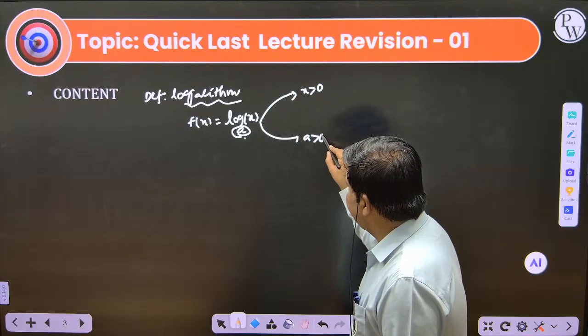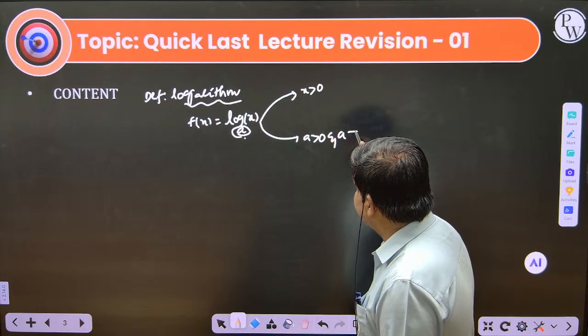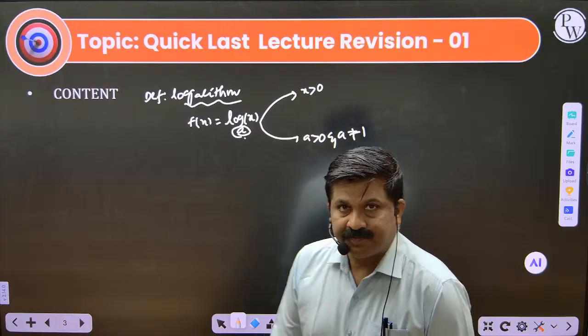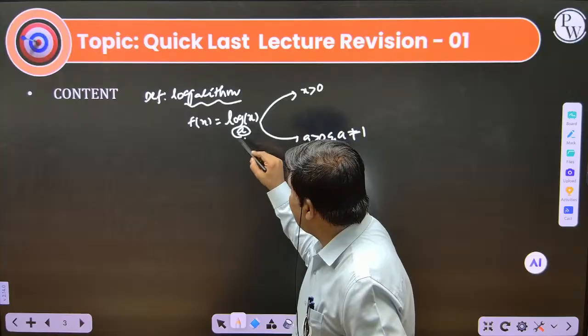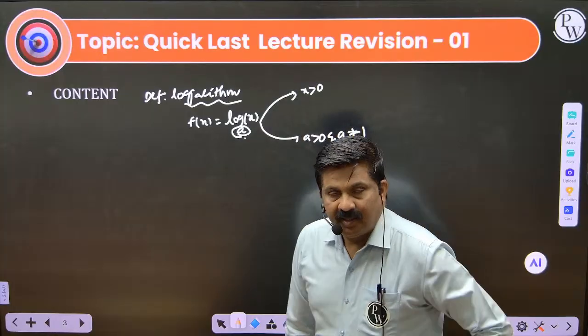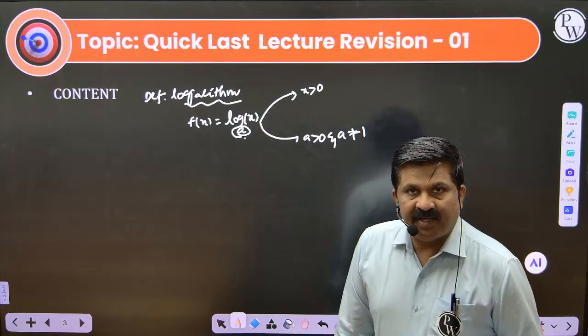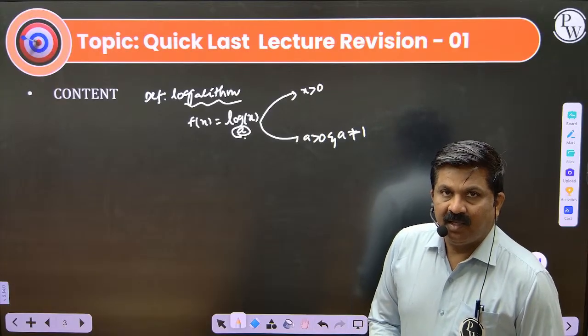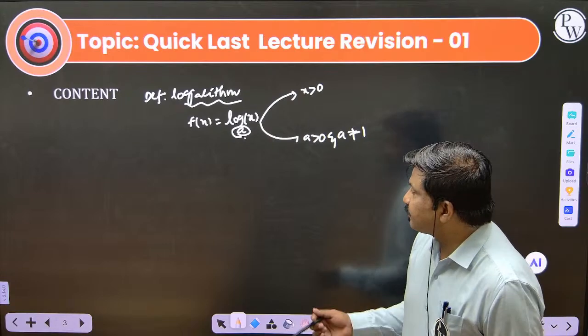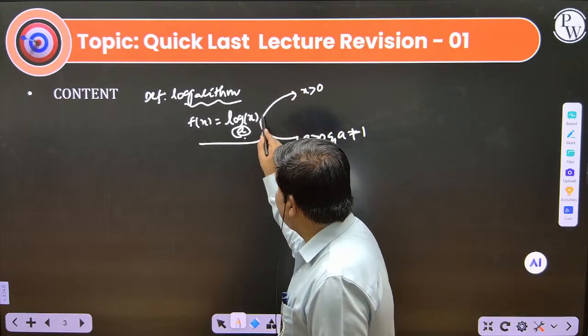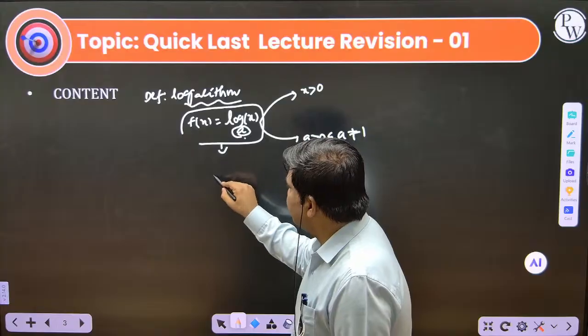This base should be greater than 0 and not equal to 1. The log of any number is defined when that number is a positive real number, and the base also should be positive and never equal to 1.